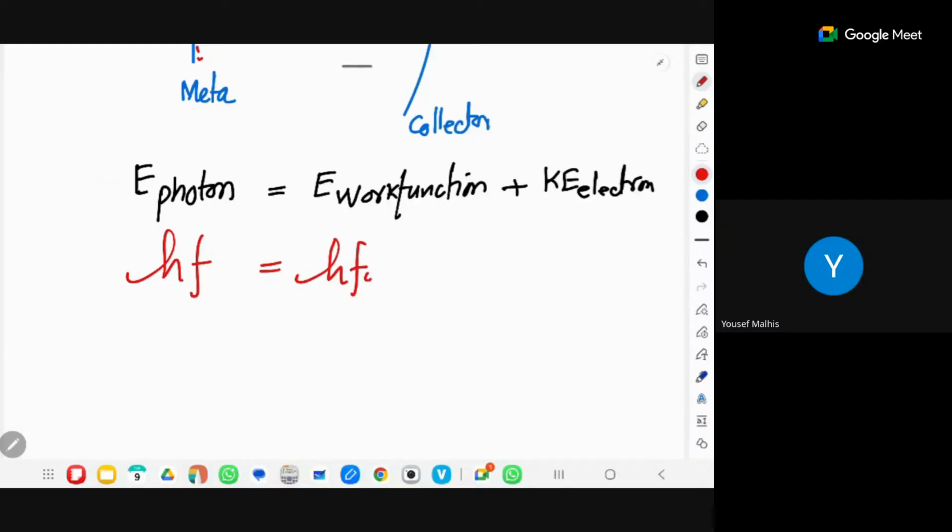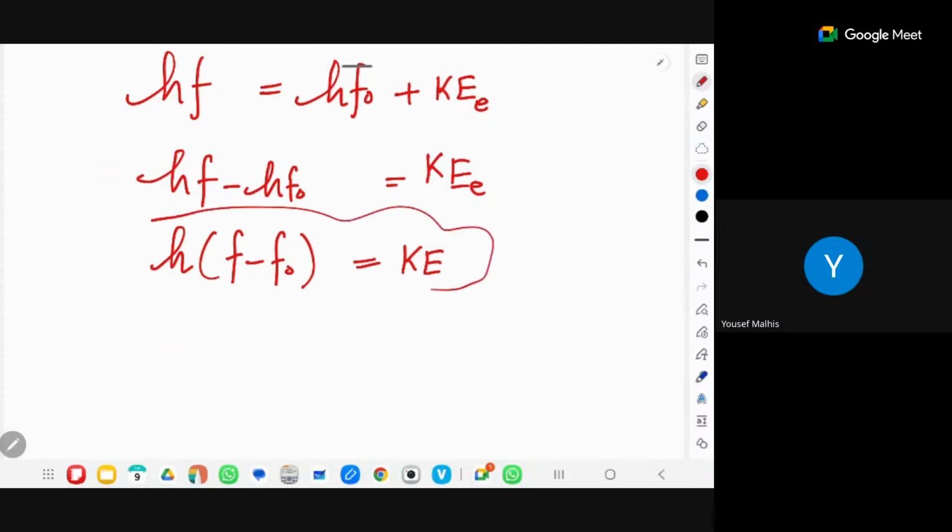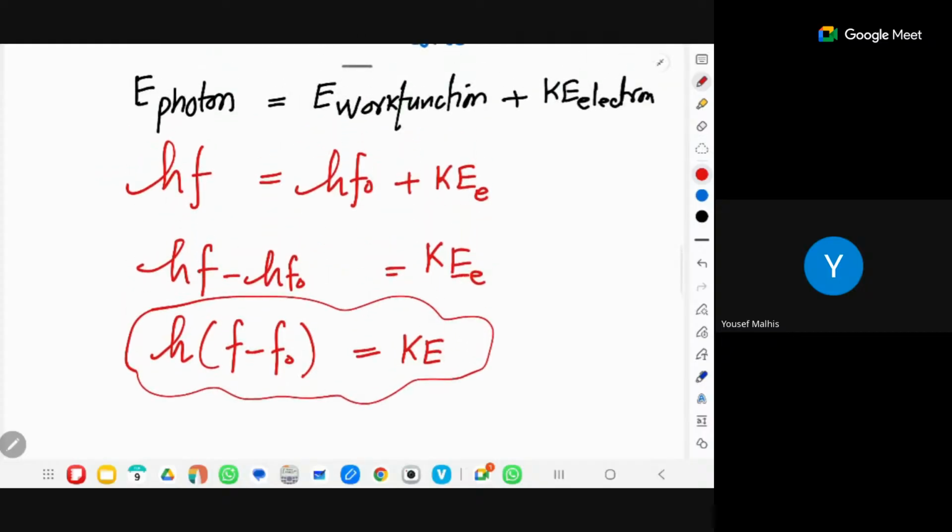One is hf naught, the other one is kinetic energy of the electron. So if I want to find the kinetic energy of the electron, that is hf minus hf naught. Is it clear? You can take h common. So this is basically the difference of the incident photon frequency and the threshold frequency, and this is the value of kinetic energy. Is this clear?